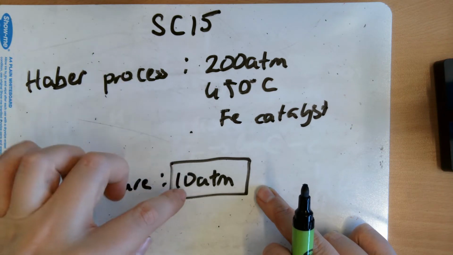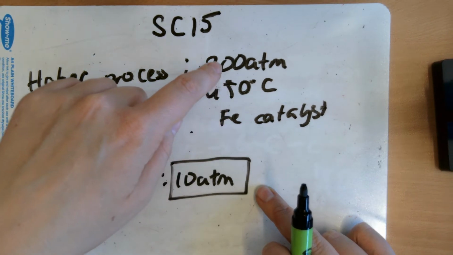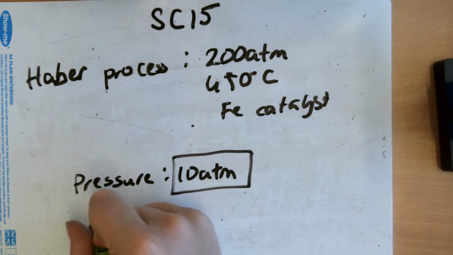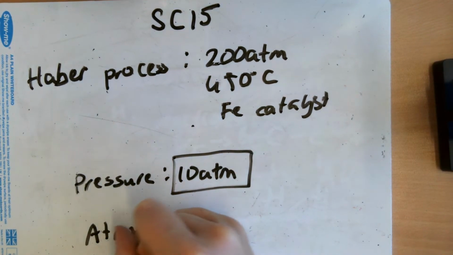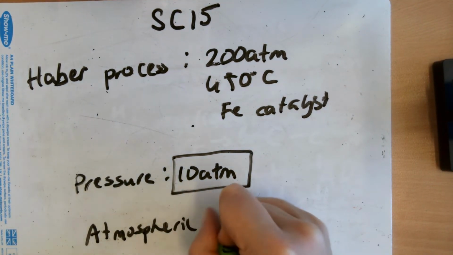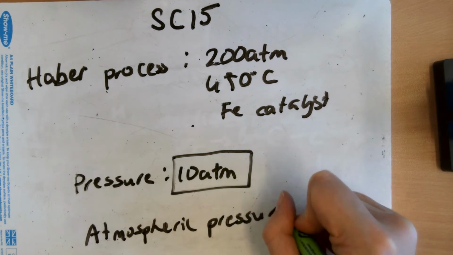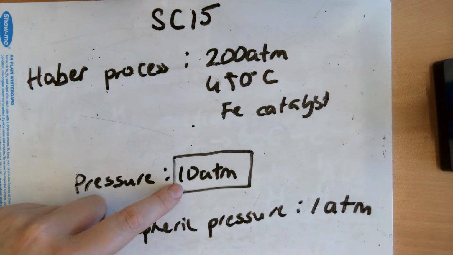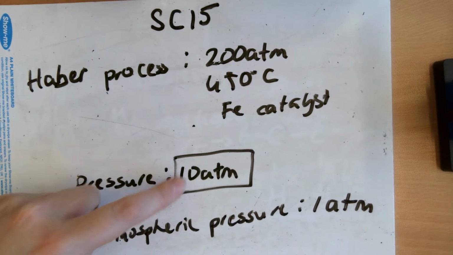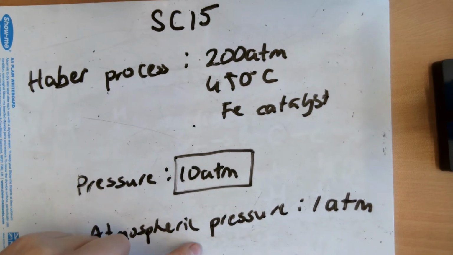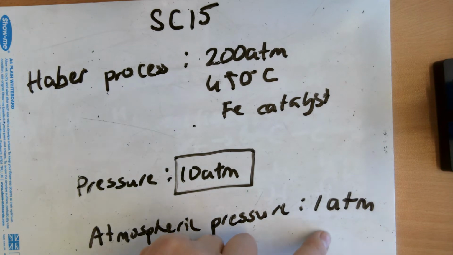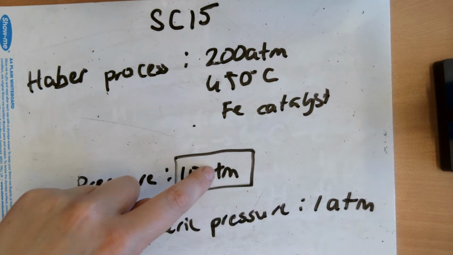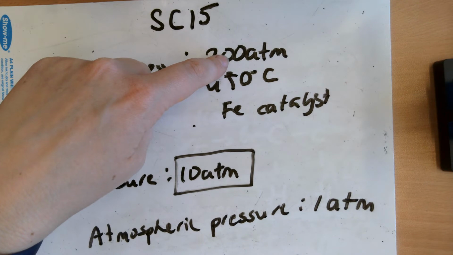And yes, of course, it is lower than the pressure that is used in the Haber process. But atmospheric pressure, the pressure that you experience on a daily basis, is only 1 atmosphere. So in this reaction, they are using a high pressure. It is higher than normal atmospheric pressure.